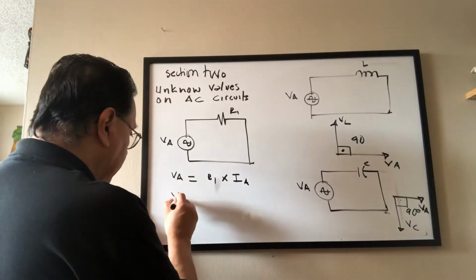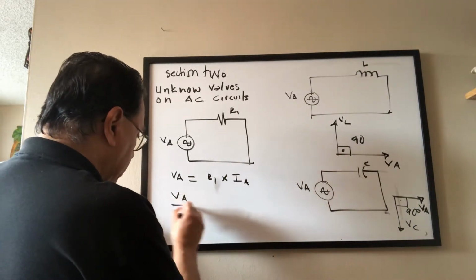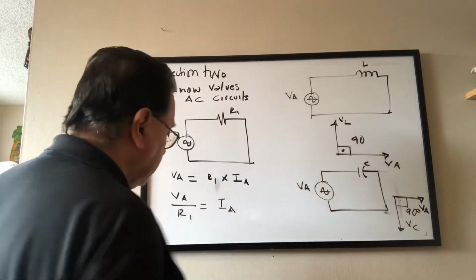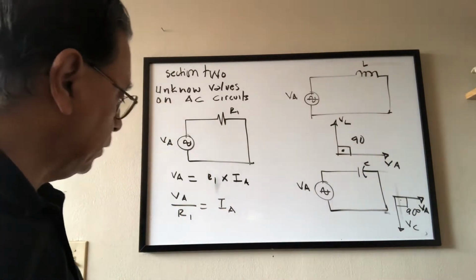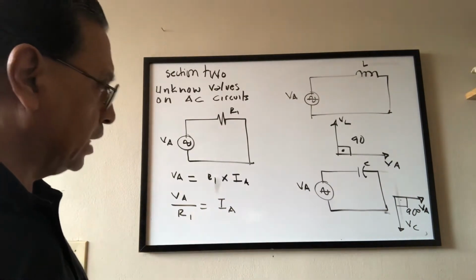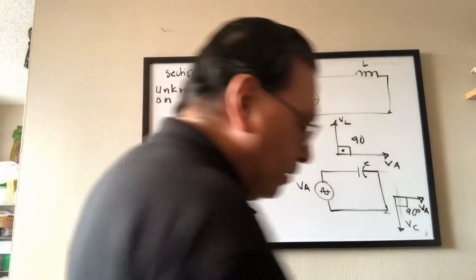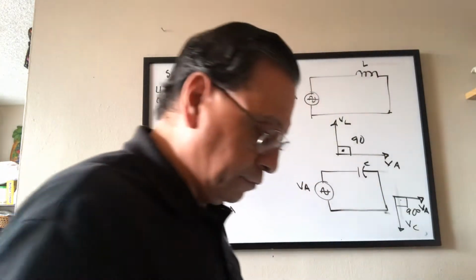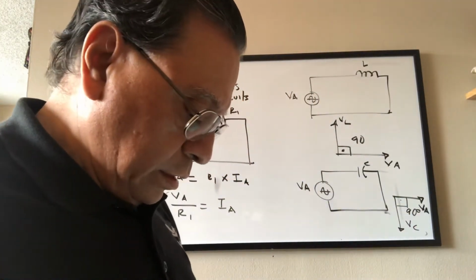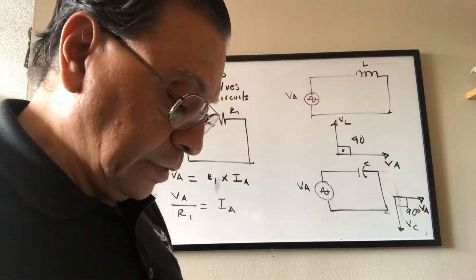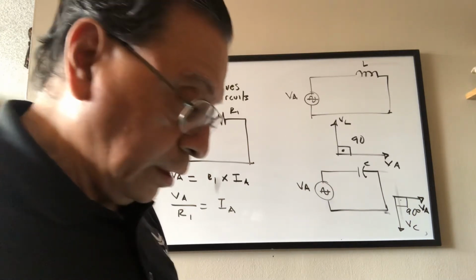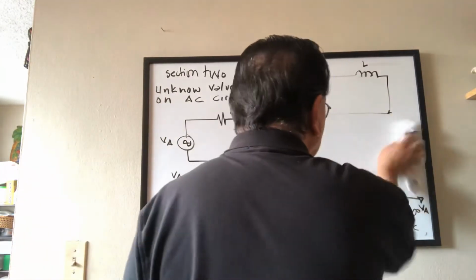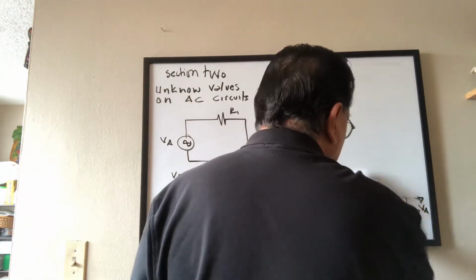And we can divide the voltage by the resistor to calculate the amperage. But when we have a capacitance and inductance, it changes a little bit.